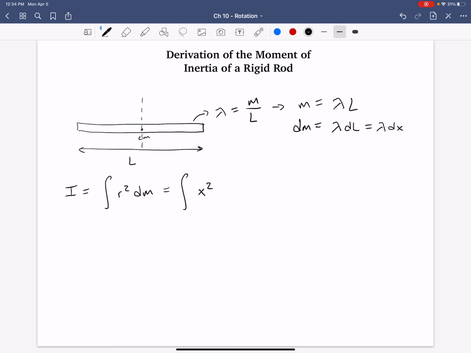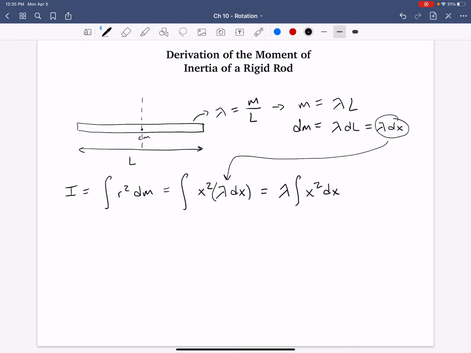So now I'm going to take this expression and plug it in for dm. So this is lambda dx now. And our integral becomes the following. The lambda can be pulled out of the integral because that's the constant mass density, times the integral of x squared dx. Now, what are our limits to the integral?